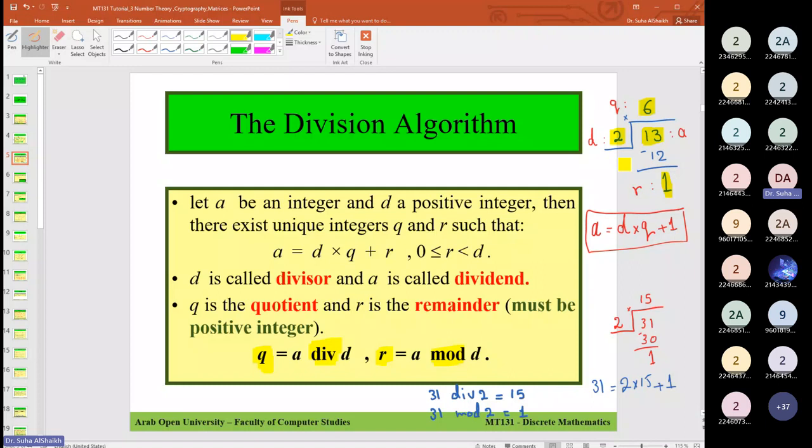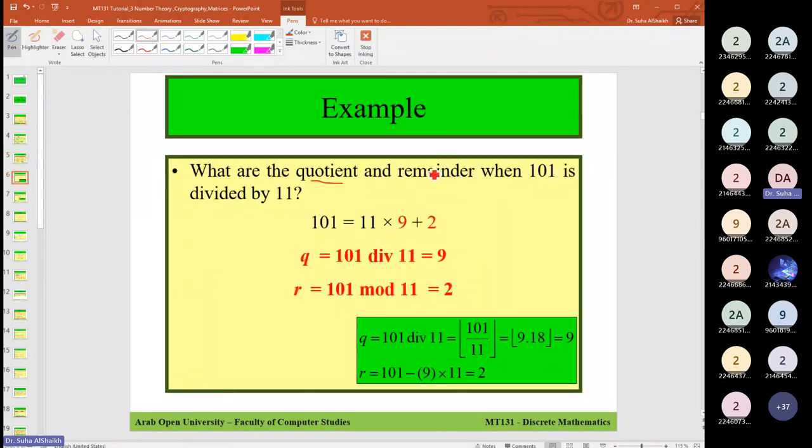Now let's check this example. In this example, what are the quotient and the remainder when we are dividing 101 by 11? Now the two numbers are positive, so I can divide them this way. What's the result when we divide 101 by 11? Divide 101 by 11.